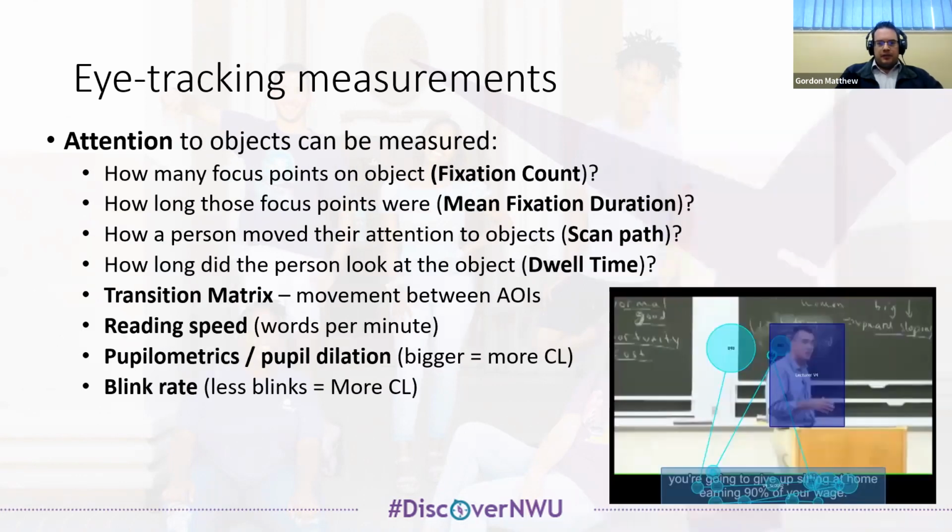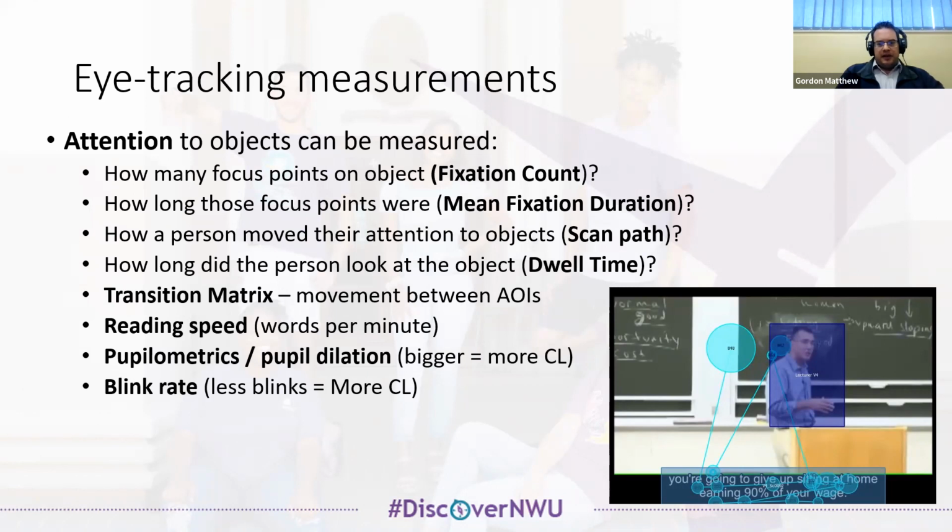Okay, so then the eye tracking measurements. This is usually based on the attention to objects that can be measured. So if you want to see how many times a participant looked at an object, you use fixation count.